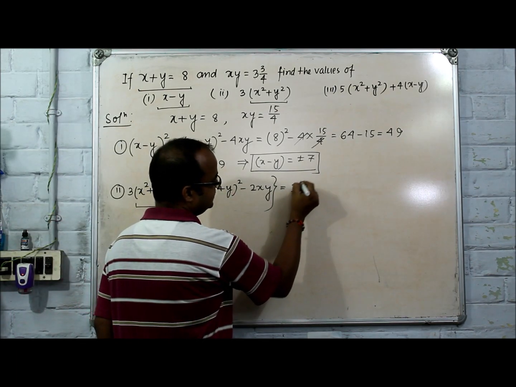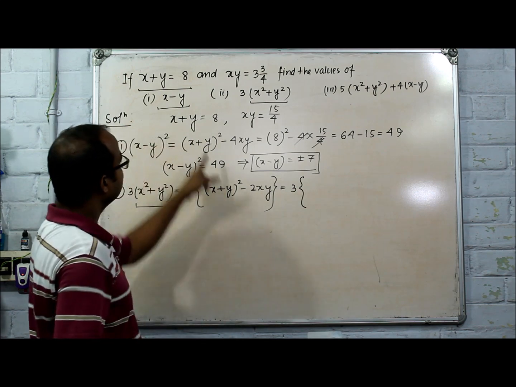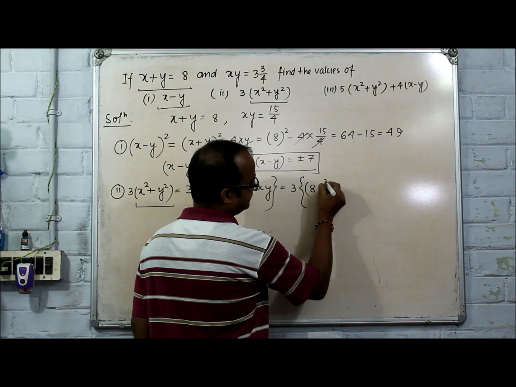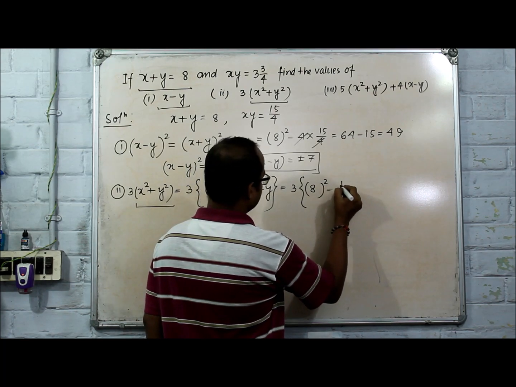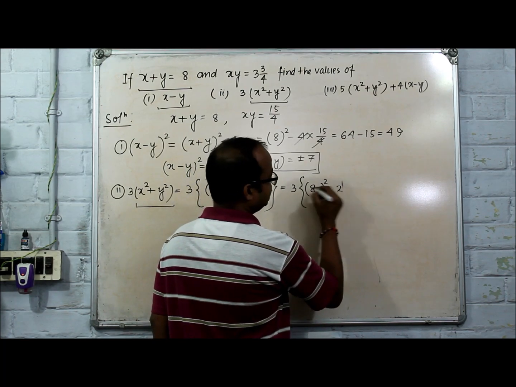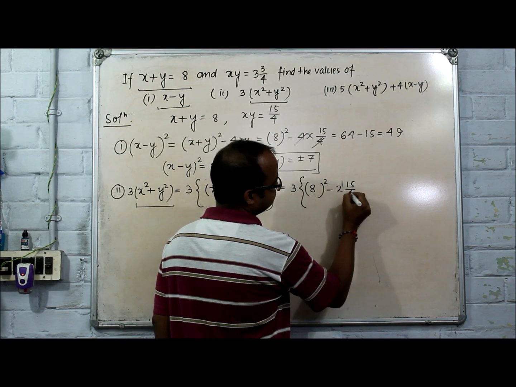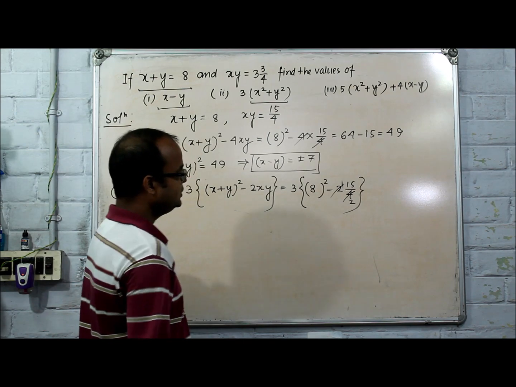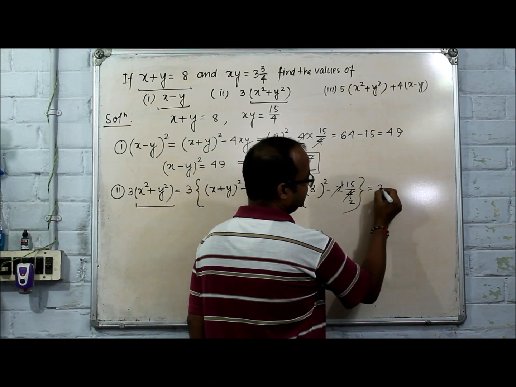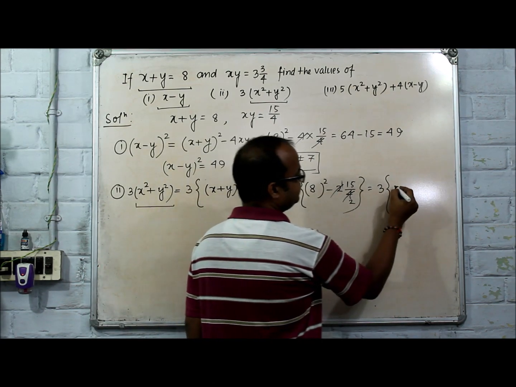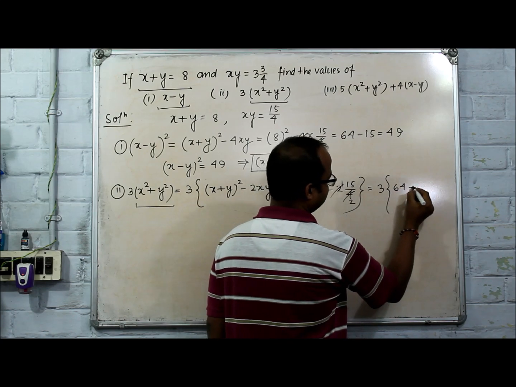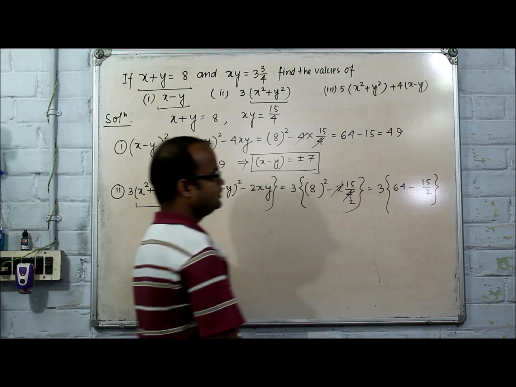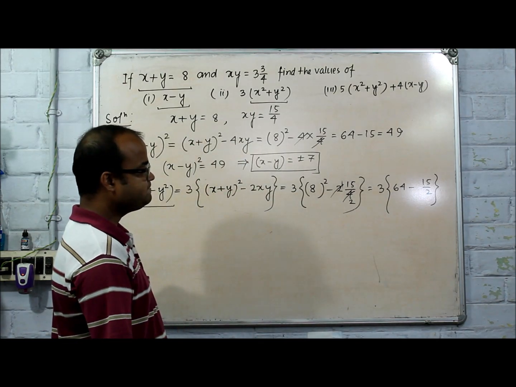So you will get 3 times. The x plus y value is 8, so 8 square minus 2 into xy value, which is 15 by 4. So 2 ones are 2, 2 twos are 4. So you get 3 times (8 square means 64 minus 15 by 2). Clear?